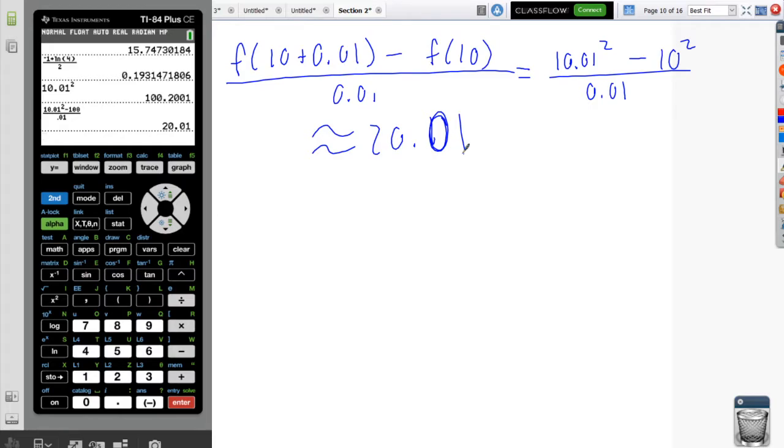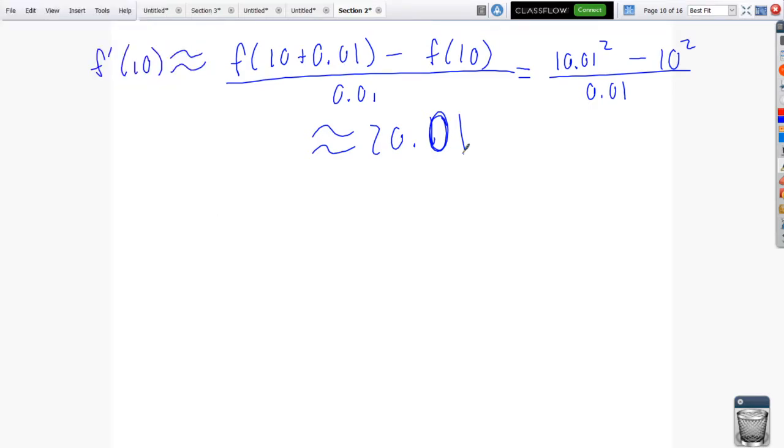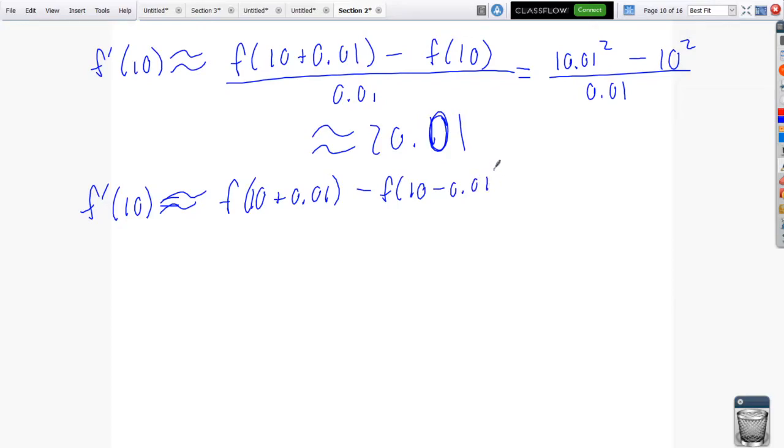Now let's look at the symmetric difference quotient. Again, I'm going to do f prime of 10 with this particular function. So f prime of 10 is approximately equal to f of 10 plus 0.01 minus f of 10 minus 0.01, all over 2 times 0.01.